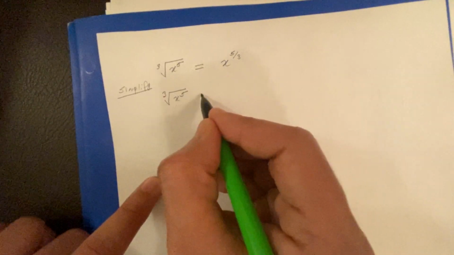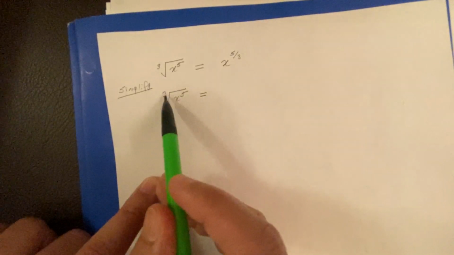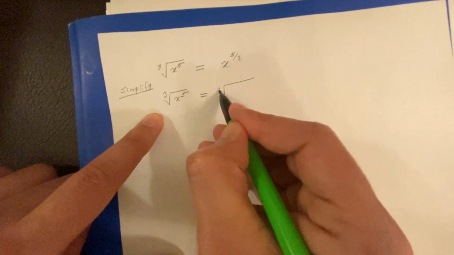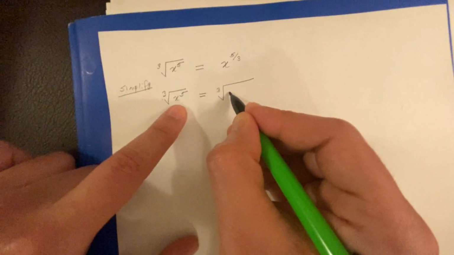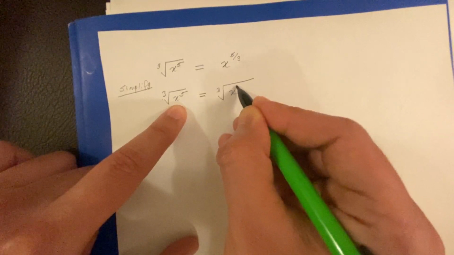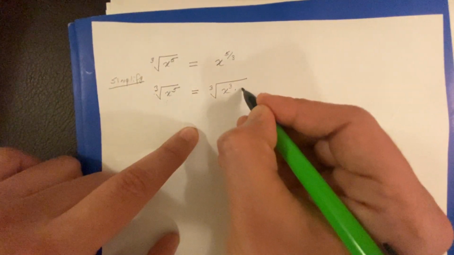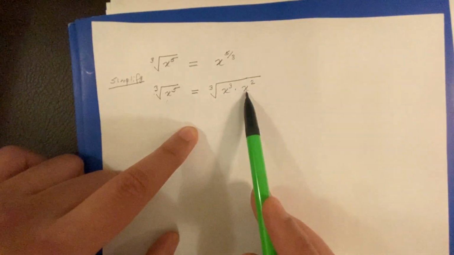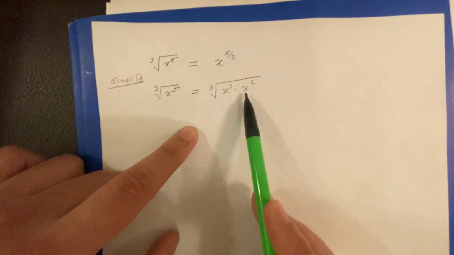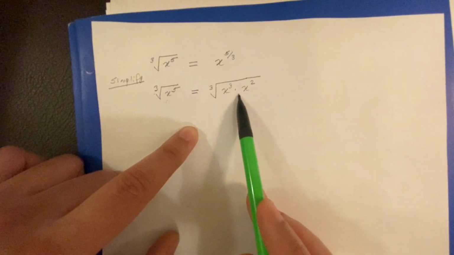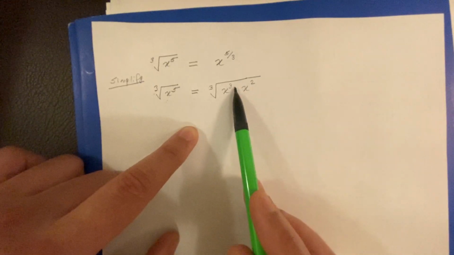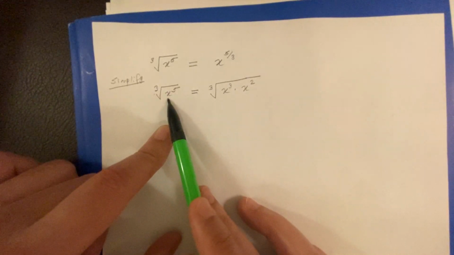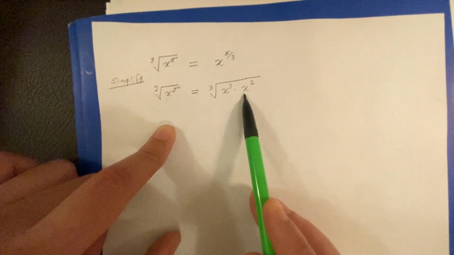So here we have 3, so x to the power 5, you can also write as x to the power 3 times x to the power 2.